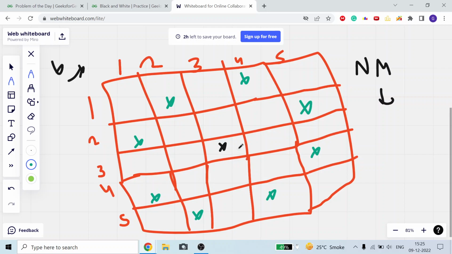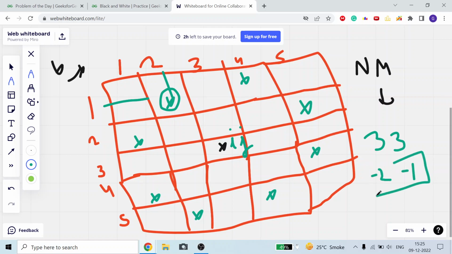Okay guys, and what are the coordinates of these? If the black knight is at (i, j), then the cells are (i-2, j-1), (i-2, j+1), (i-1, j-2), and so on. For example, if this is (3, 3), then one cell is (1, 2), a change of -2 and -1.